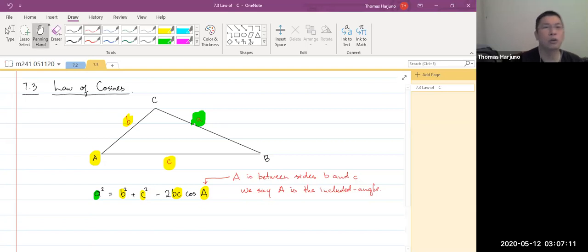It's an included angle, not the included angle. Now that's the first formula though.